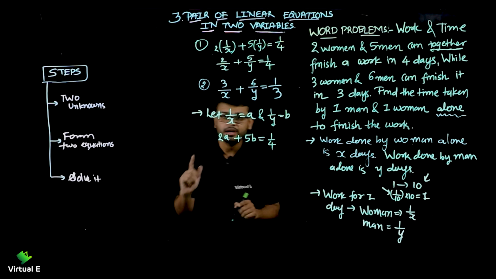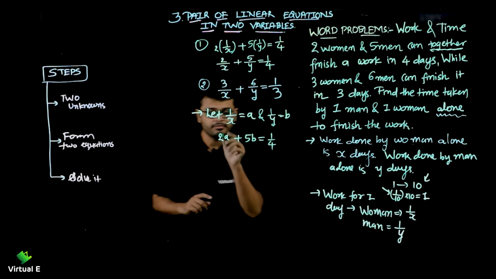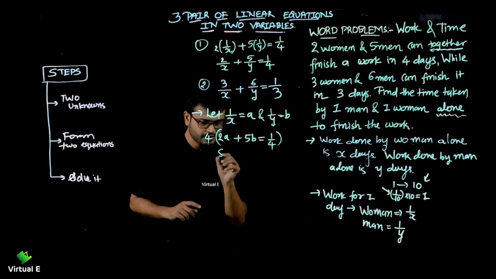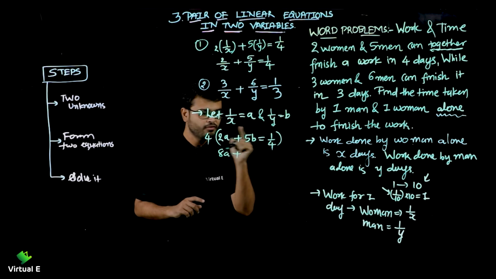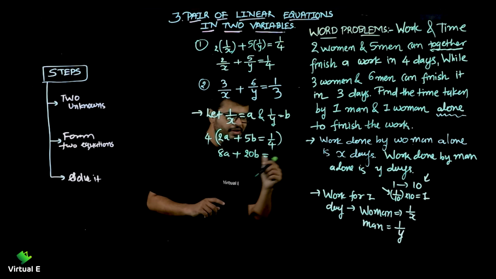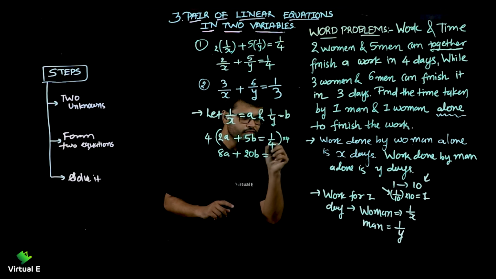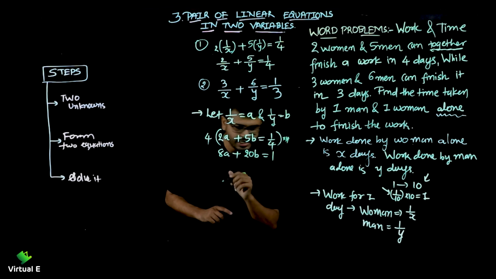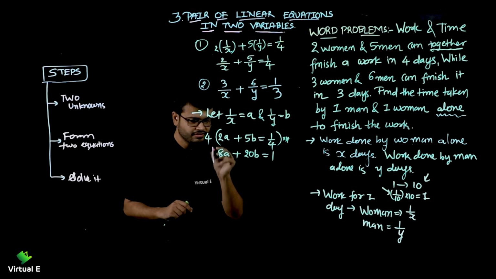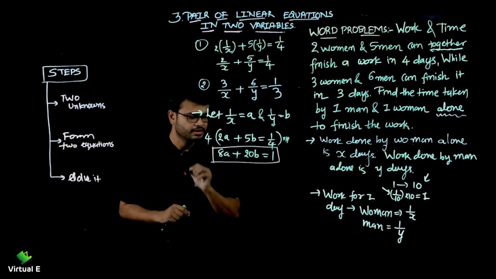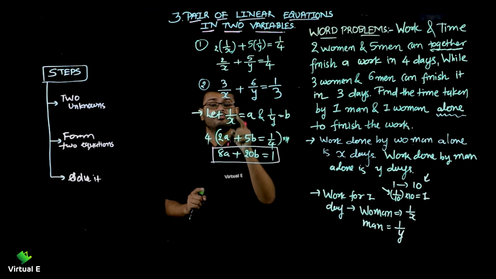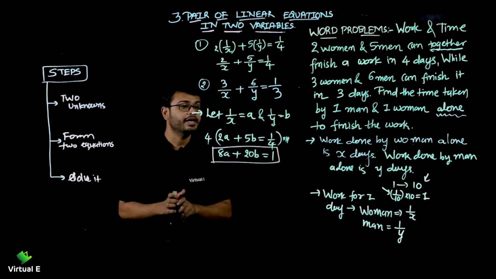So how shall I remove them? Multiply each and every term by 4. So 4 2s are 8a plus 4 5s are 20b is equal to 4 into 1 over 4, the 4s will get cancelled. So what's left? Only 1. So this is my first final reduced equation, right? Okay, let's move to the second equation, 3 over x.